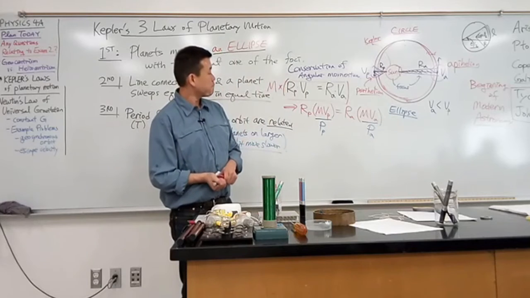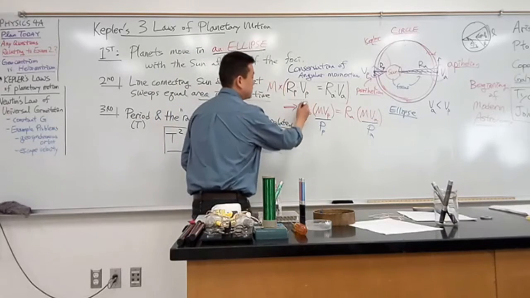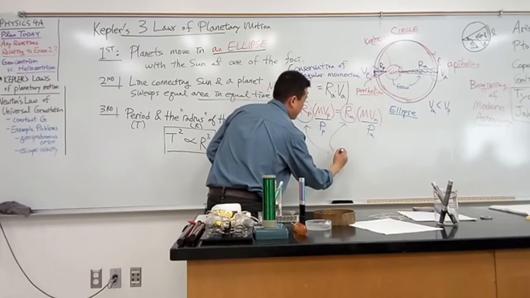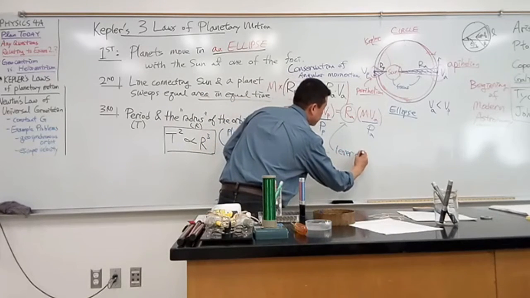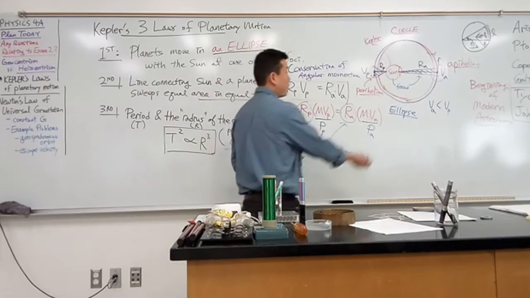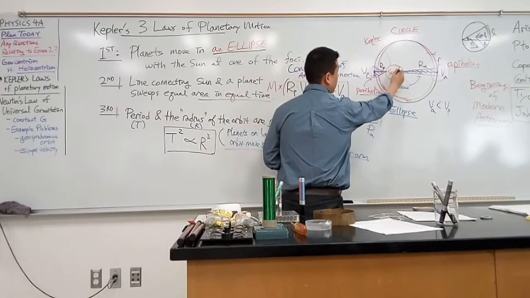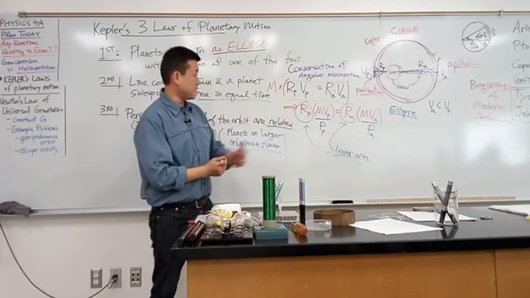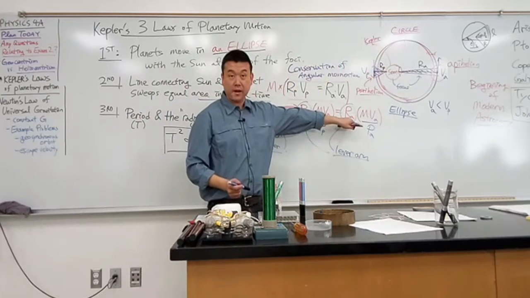It'll be changing. And these are what I would call lever arms, as in the perpendicular distance from the center of rotation to the velocity this time. So this is a lever arm. This is another lever arm.